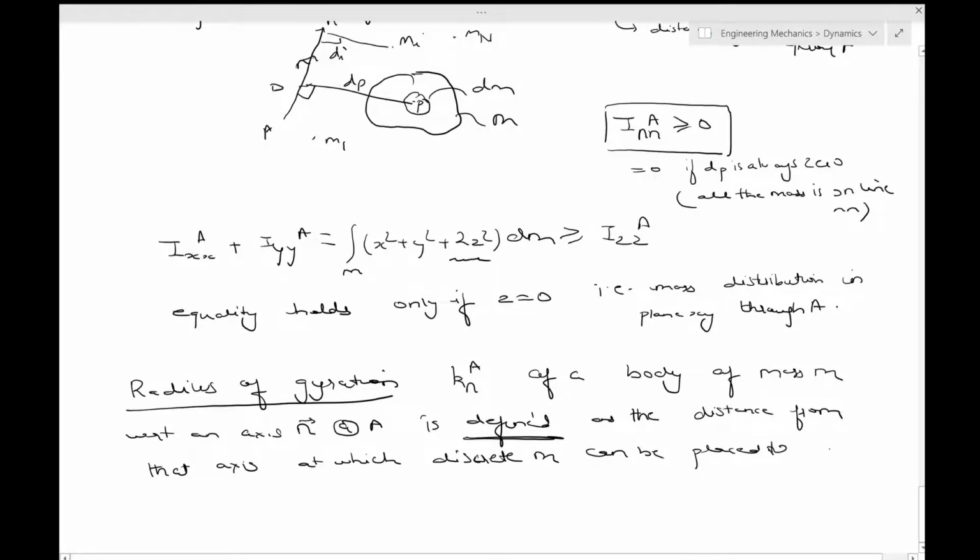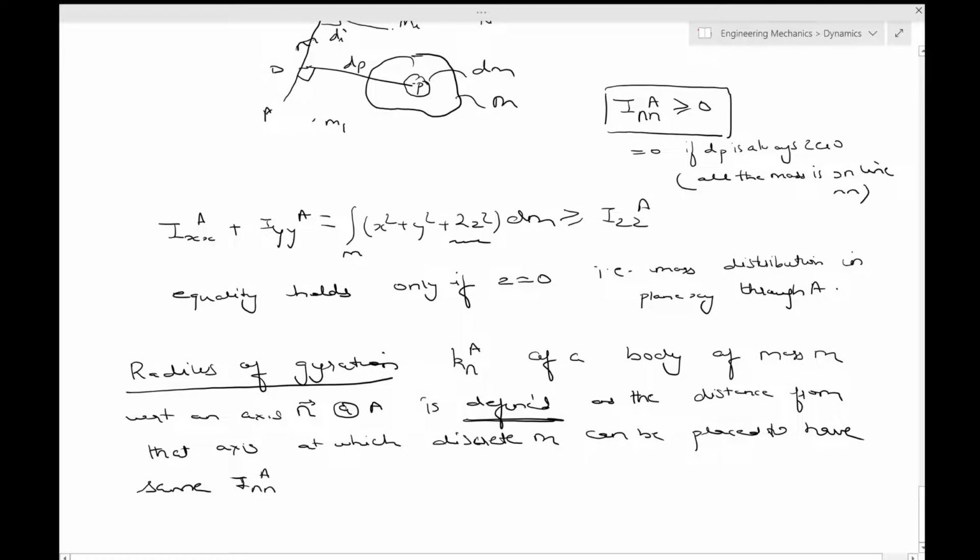to have the same I n n of A about that axis as the given body.